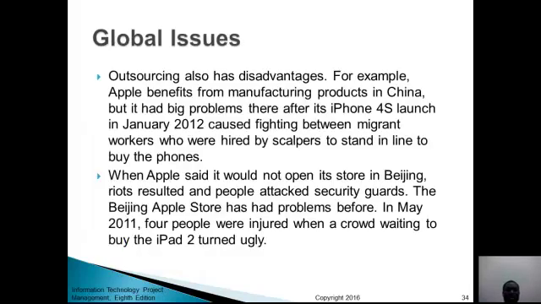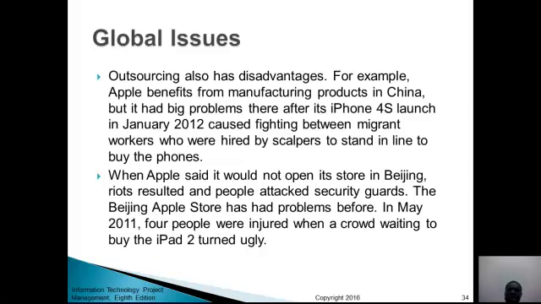We have global issues with outsourcing. There are also disadvantages. For example, Apple benefits from manufacturing products in China. There's a case scenario here. But it had bigger problems after its iPhone 4S launch in January 2012, which caused fighting between migrant workers who were hired by scalpers to stand in line to buy the phones.